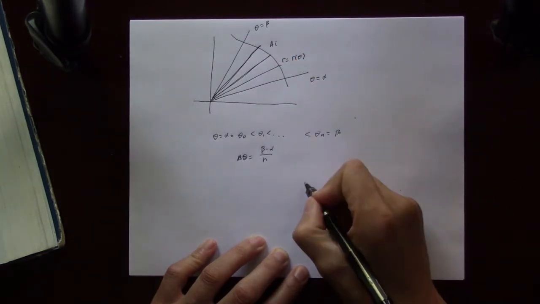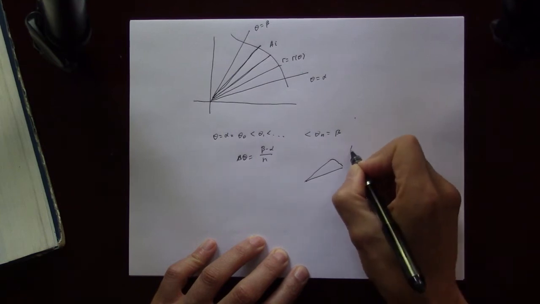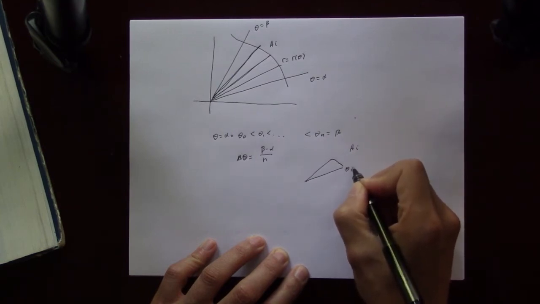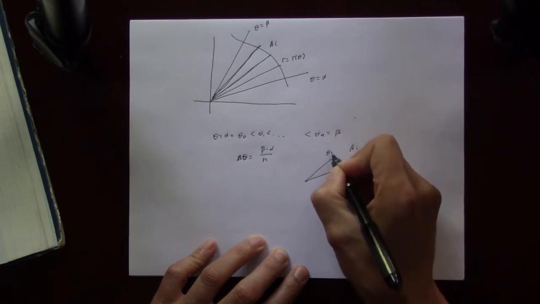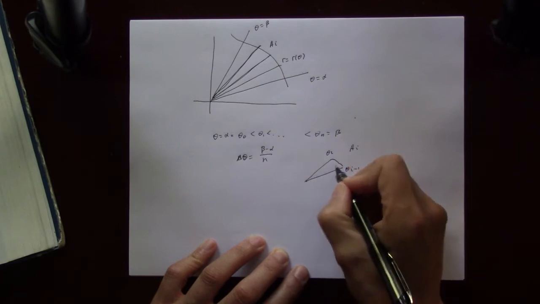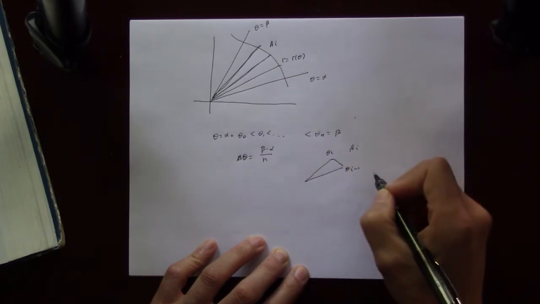So if I try to approximate A i, it's between theta i minus 1 and theta i. What I do is I pick an angle between theta i minus 1 and theta i, say theta star i.